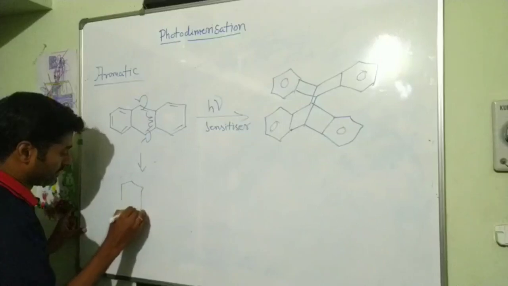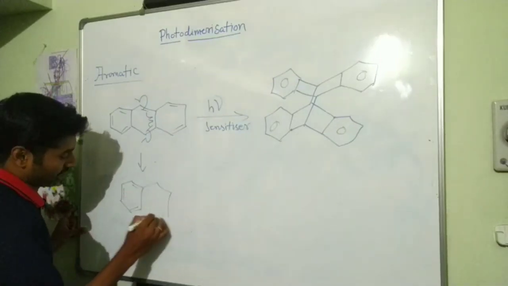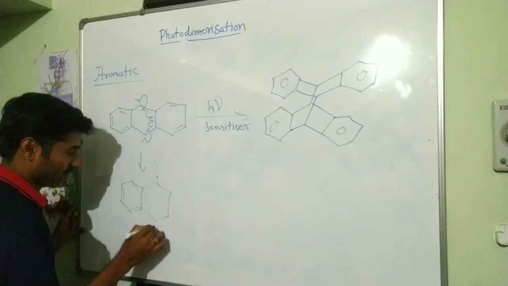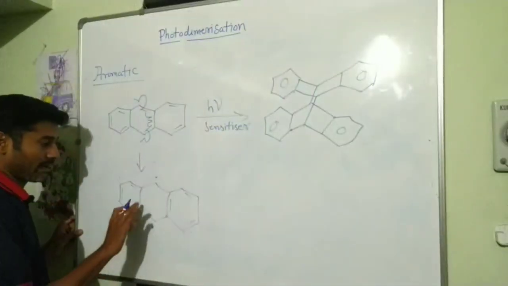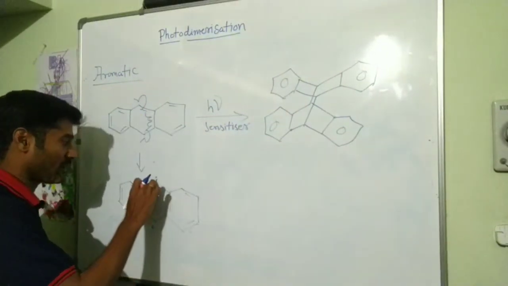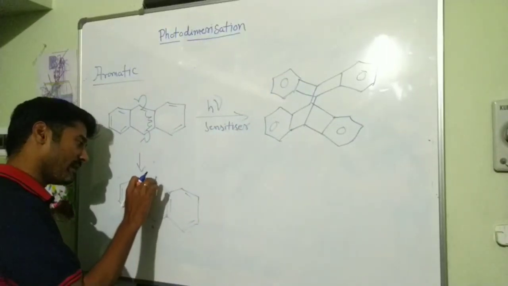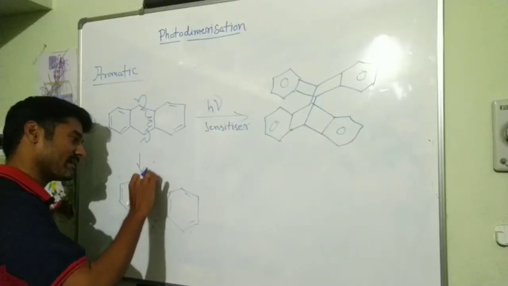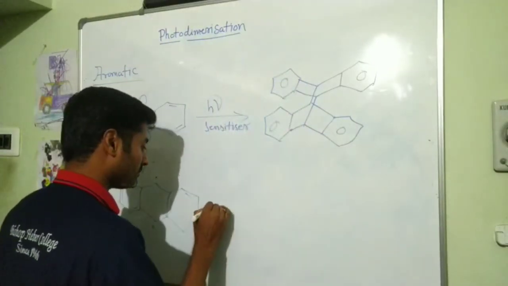You'll get an intermediate structure like this. I mean excited state biradical structure will be like this, and this will interact with another anthracene molecule, and there will be a bond formation between this carbon and a similar type of another carbon in ground state molecule, and you'll get your product.